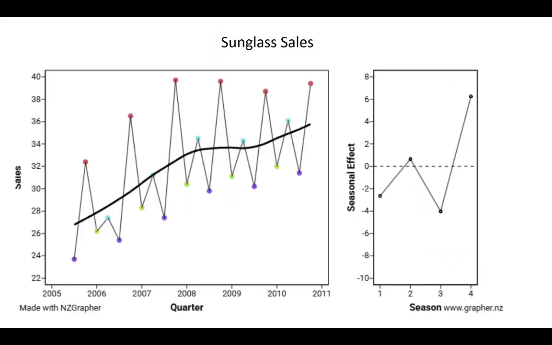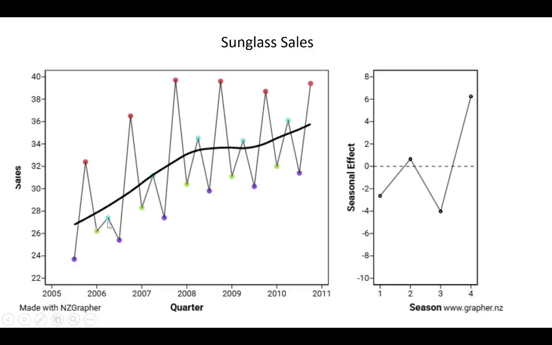Again, here's the sunglass sales data, and I would assume it's quarterly data. The starting point, the purple ones, should be the third quarter, and the red one is the fourth quarter, and the green one, which comes right above the year mark, should be the first quarter, and the light blue one is the second quarter.